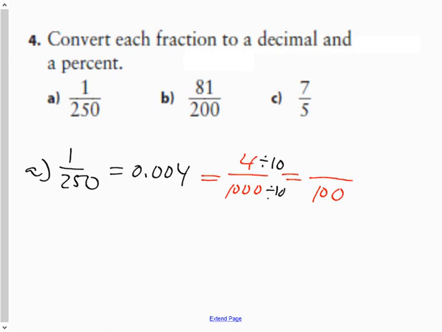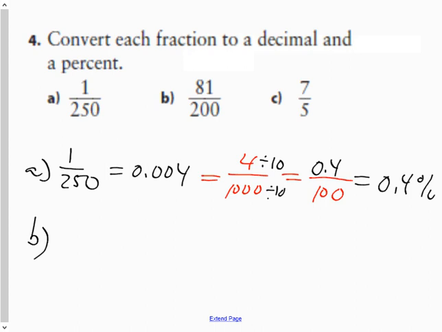So if I divide both by 10, I end up with 0.4 out of 100, which I'm going to use as 0.4%. That entire string of thought is what I want you to be capable of doing: change that fraction to a decimal through division, change that decimal to an equivalent fraction, and work from there.